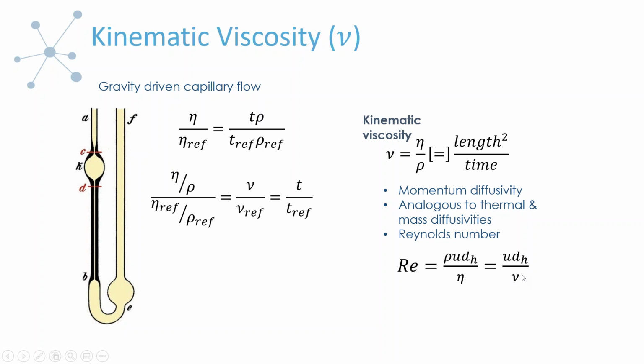And if you're also familiar with it, the Reynolds number indicates the transition from laminar to turbulent flow. Laminar is where you have parallel streamlines that don't cross each other, unidirectional flow.